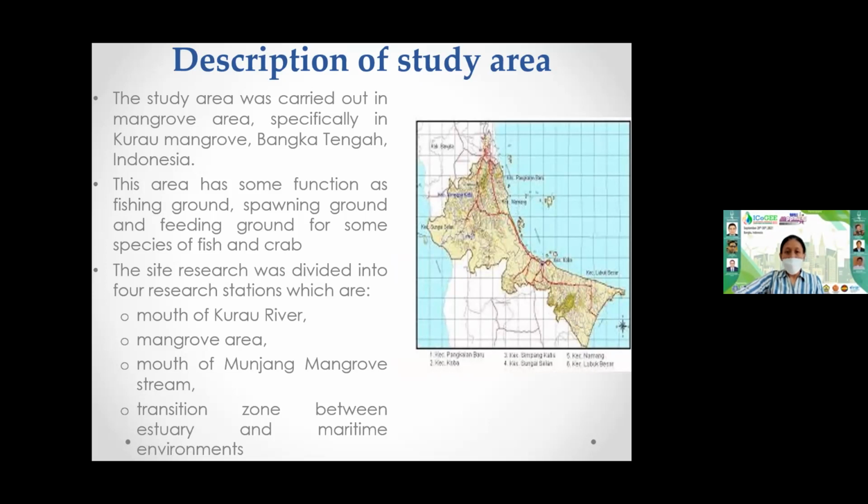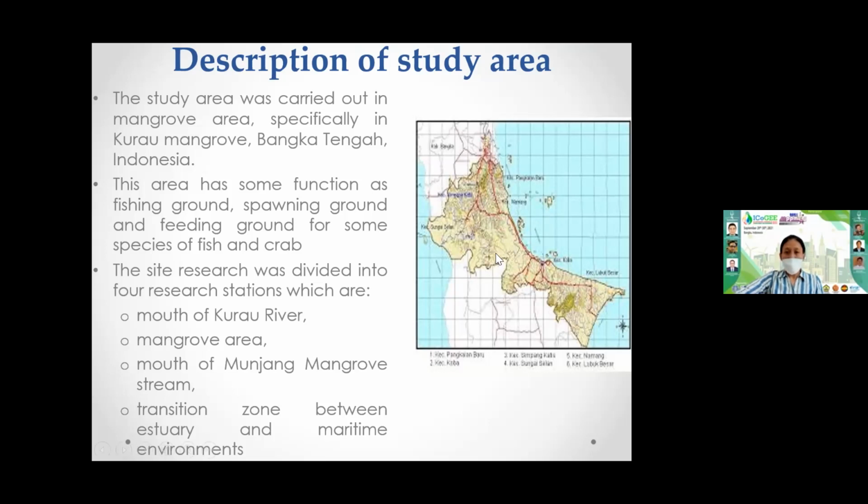This area has a function as a fishing ground, spawning ground, and feeding ground for some species of fish, crab, and reptile.